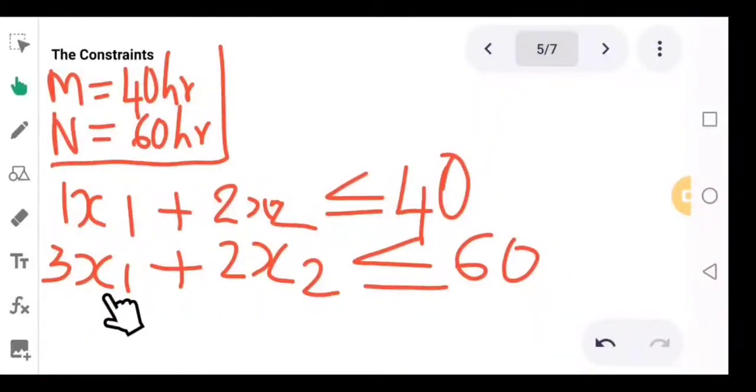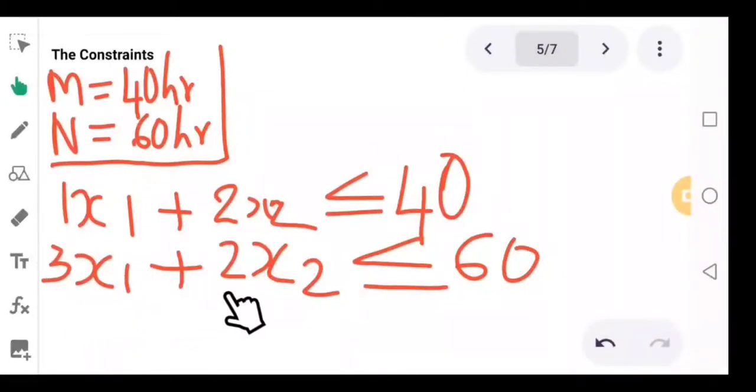There are x1 units of P. We don't know the number of total units of P. So 3, that is the number of hours required to produce 1 unit of P at machine N, into the number of units that we are going to produce of P, will give you the total time required at machine N to produce P.